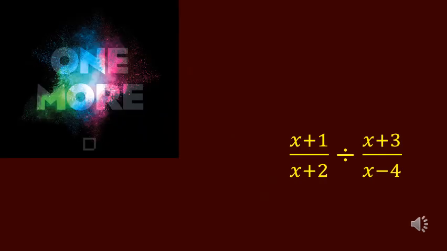And we're going to look at one more problem in our examples today, and this is a division problem. It's a division problem that does involve algebraic fractions. We have x plus 1 over x plus 2 divided by x plus 3 over x minus 4. So we're dividing some fractions, and you want to think, what would we have to do with that?